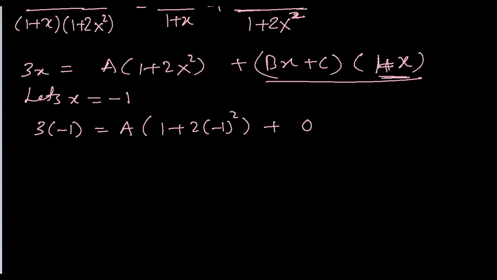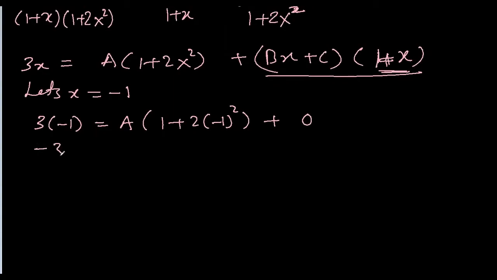Okay, so minus 3 equal to A, and how much is this? 1, and this minus 1 square. We'll use BODMAS, so square first. Positive 1 times 2 is 2 and 1 plus 2 is 3. So A becomes minus 3 over 3, which is minus 1. We got A.